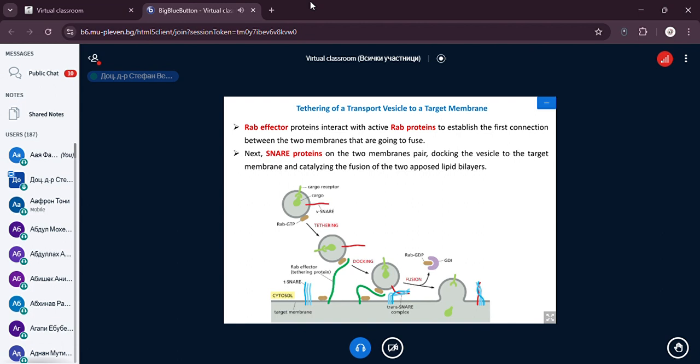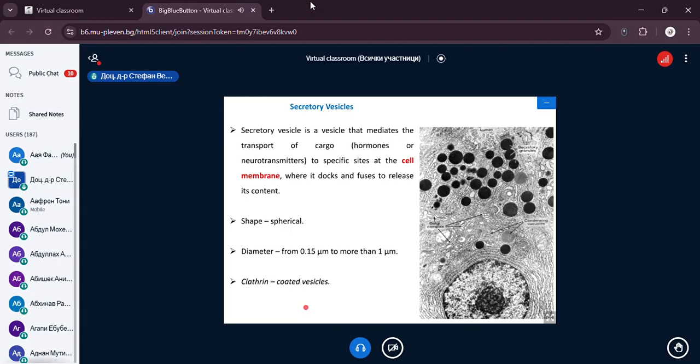To finish with the vesicles and the topic of our first lecture, a little bit about the special clathrin-coated vesicles, which are budding from the trans-Golgi network in specific types of cells. These clathrin-coated vesicles are called secretory vesicles.